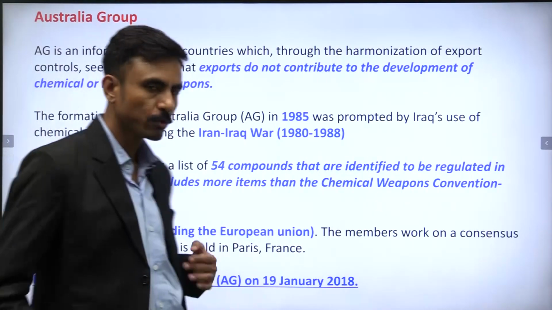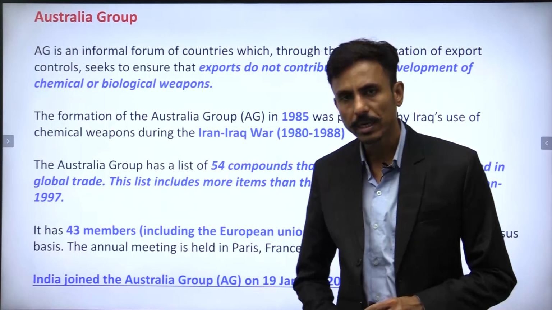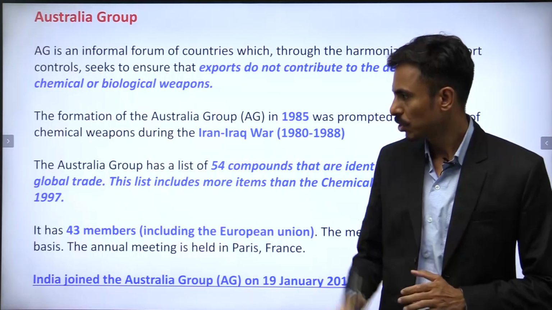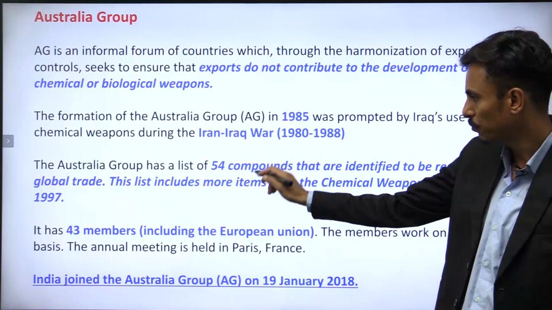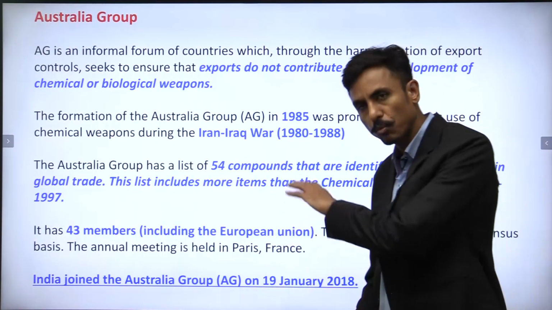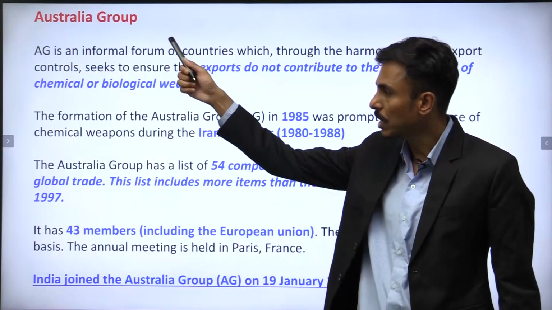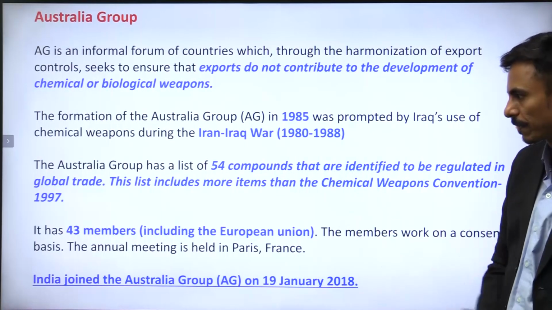Guys, 2 days back, we learned about the Chemical Weapons Convention, CWC, of 1997, right? So the Australia Group has a list of more compounds, 54 compounds that are identified, and more items are banned under the Australia Group as compared to the Chemical Weapons Convention. Very important, right?